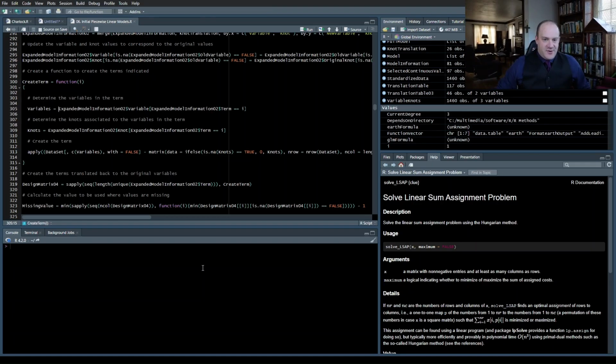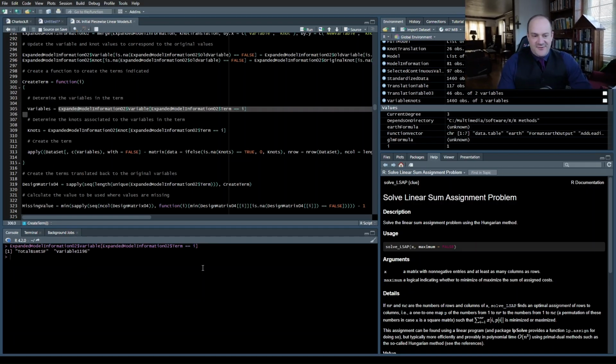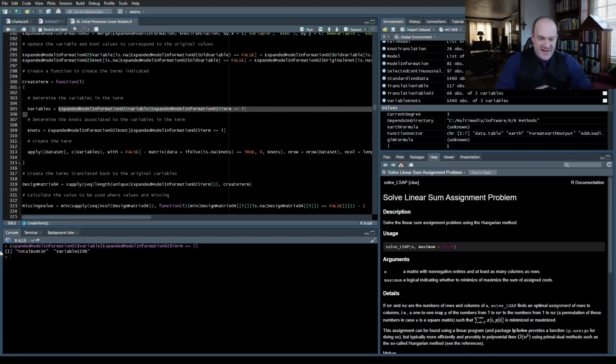So now this is going to go through and say, okay, who's in term 1? And the answer is no longer some abstract stuff. We still have a categorical variable in here, 119 value 6, but the continuous one has been translated. Total basement square footage. So now we have meaningful stuff.